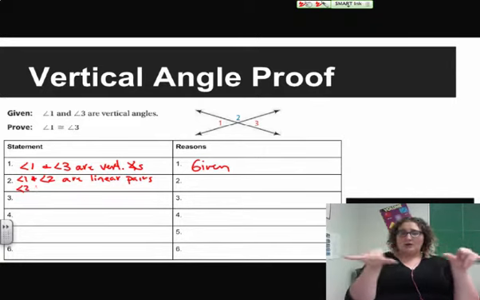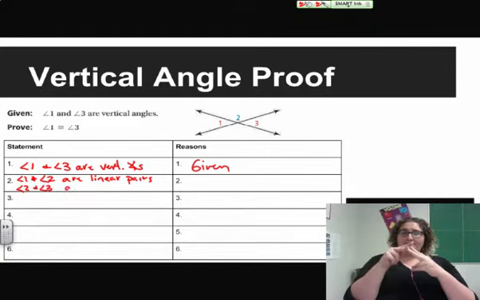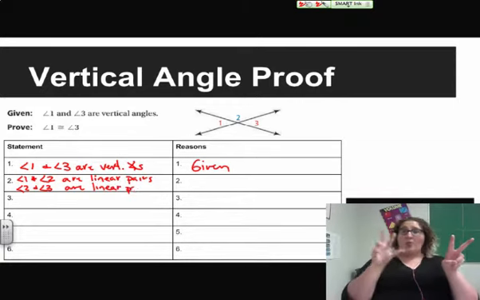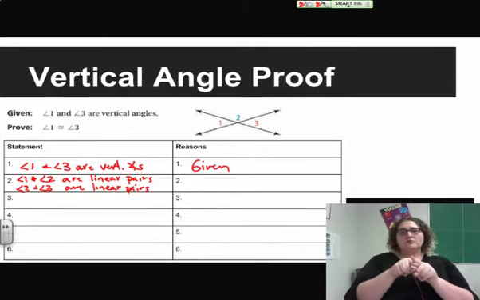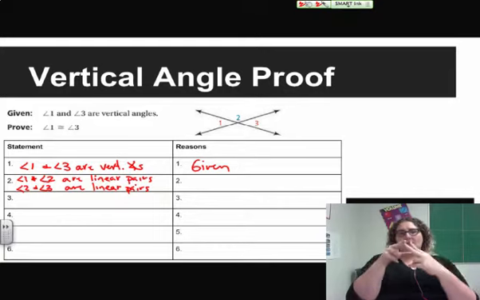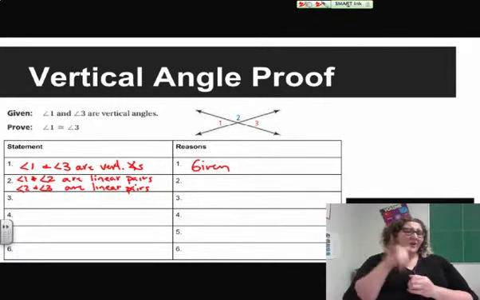And angle 2 and angle 3 are also linear pairs. Well, how did I know they were a linear pair? Because they form a straight line, and so we would say definition of a linear pair.